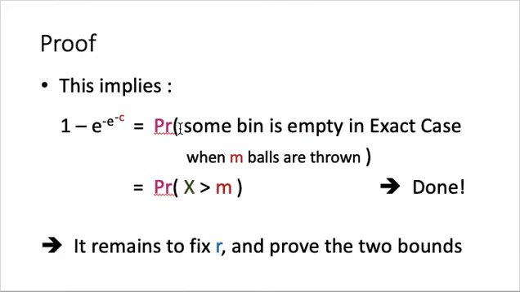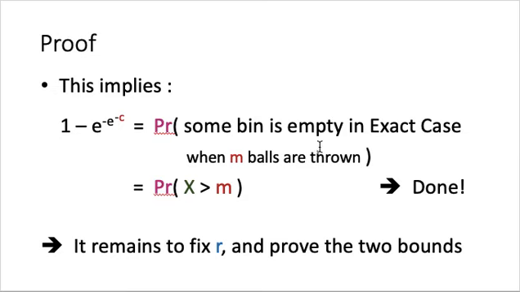So that means that the chance of having some bin non-empty, so that was no empty bins. So the chance of having some bin to be empty, okay, the opposite will be 1 minus the strange term e to the power minus e to the power minus c.